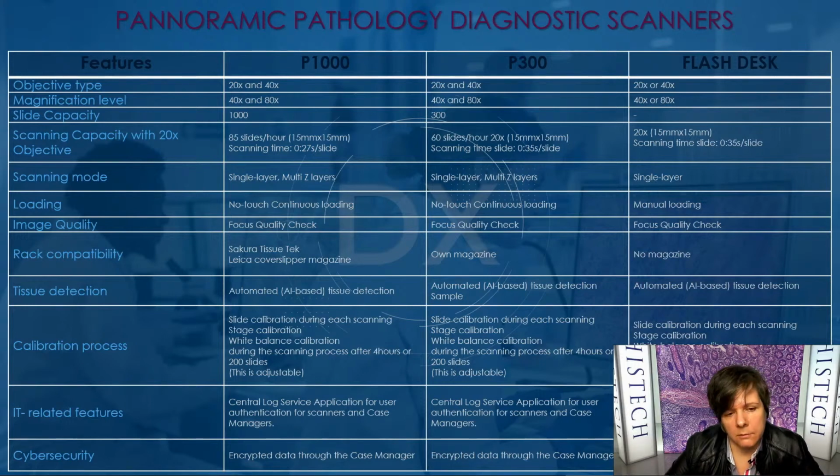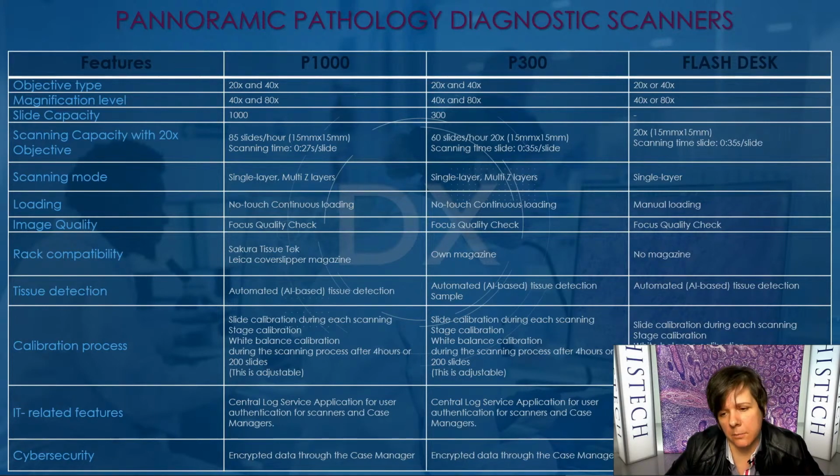The Panoramic 300 has its own slide magazine, while the Panoramic 1000 supports Sakura Tissue-Tek and the Leica coverslipper magazines as well. Both diagnostic scanners use AI-based tissue detection. There is no adjustable profile in the software.